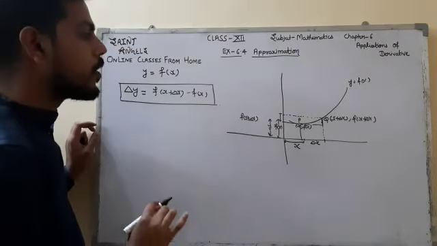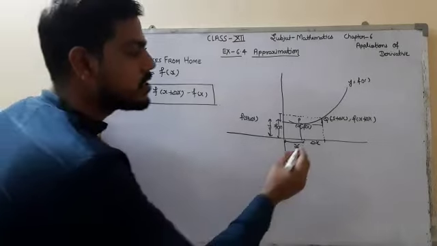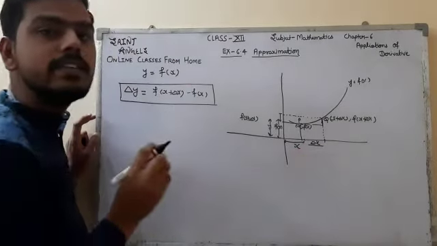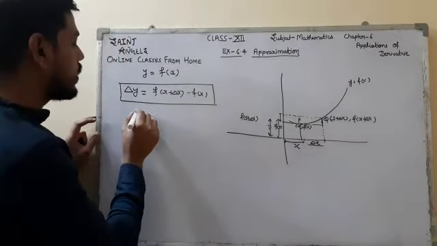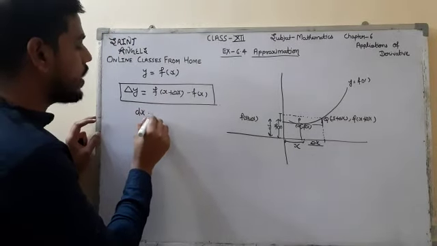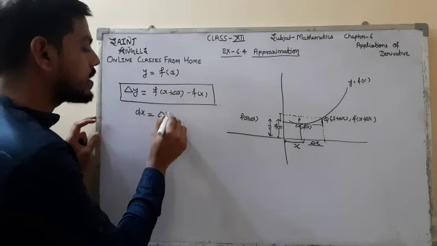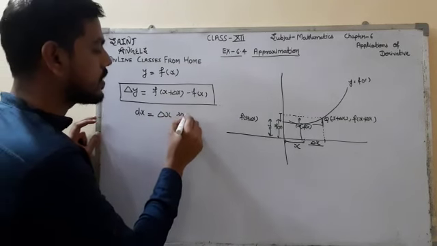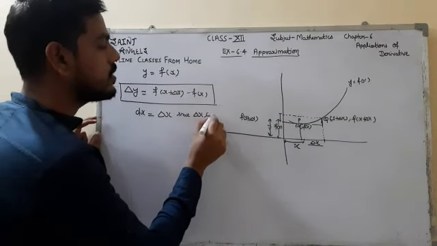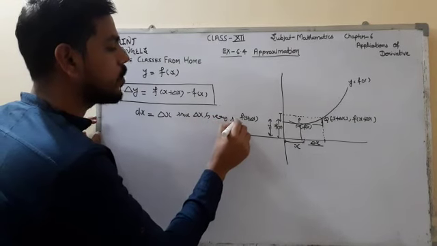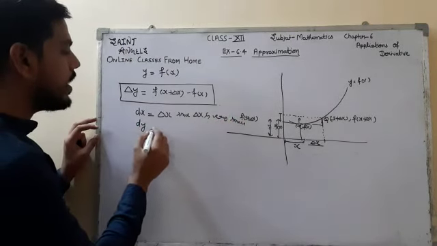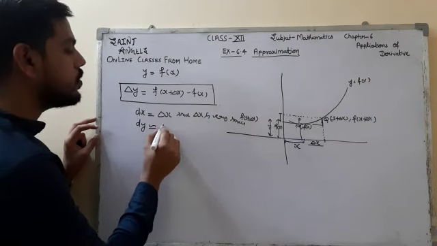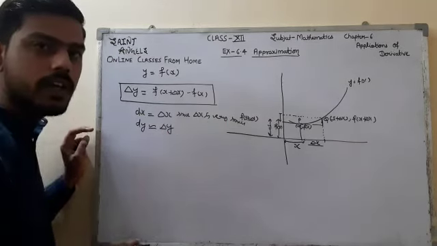Okay. Now I am considering the change delta x is very small, so it is equal to the differential of x. So I am considering dx equals delta x, since delta x is very small. In the same way, I am considering dy equals delta y. Okay, students.